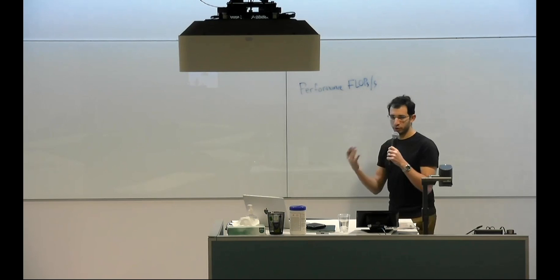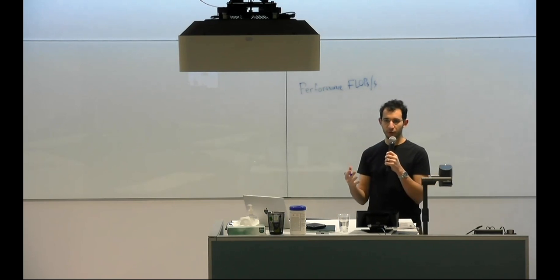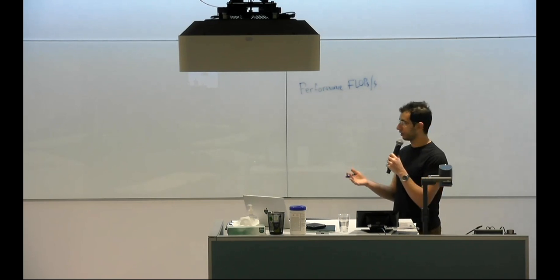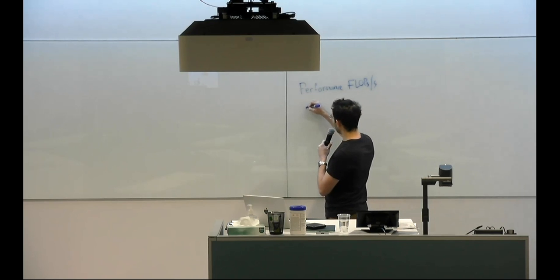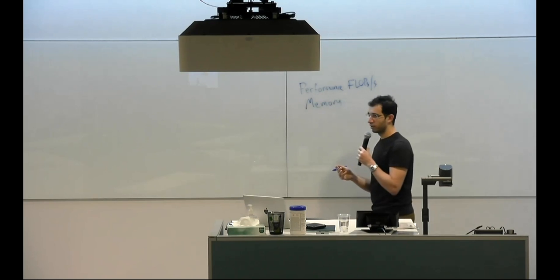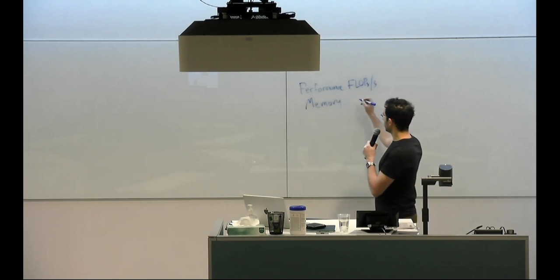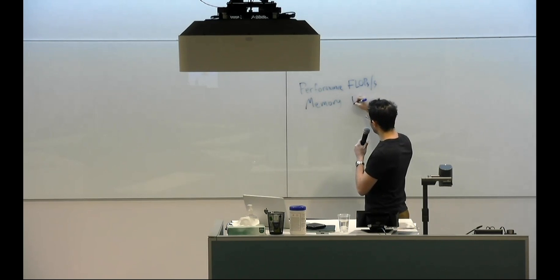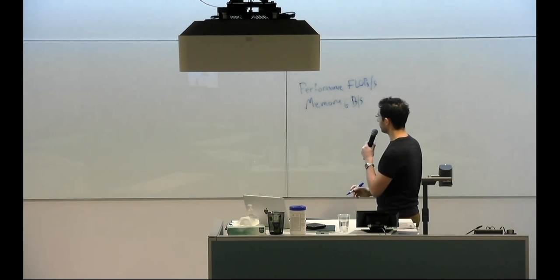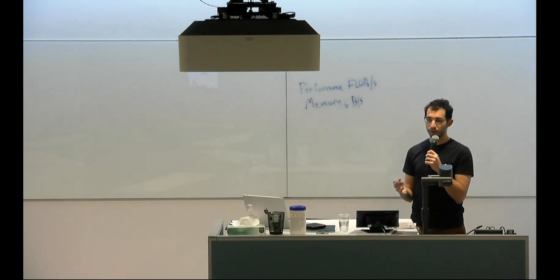So the number of floating point operations that my hardware is capable of doing in the best case per second. And then the other thing was memory. And of course, memory has many parameters, but the main thing that affects my performance that we talked about was the memory bandwidth. So usually in some kind of bytes per second, right? So maybe gigabytes, terabytes, whatever it may be.